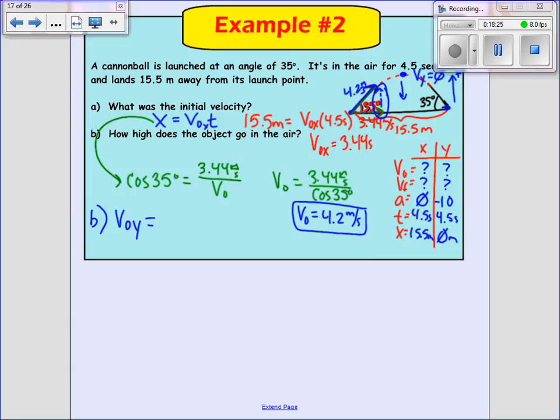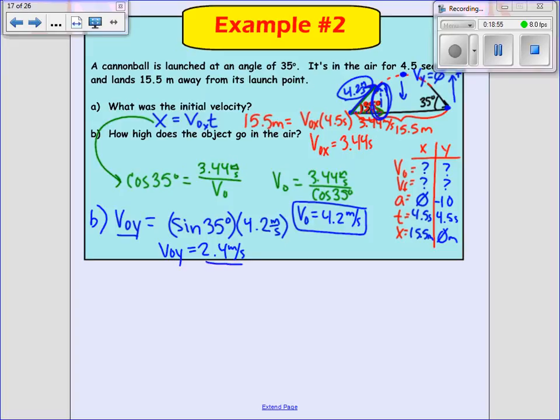I know the hypotenuse is 4.2, and this side right here is the opposite. So by doing sine of 35 degrees times the hypotenuse, which is 4.2 meters per second, I can figure out what my V initial in the y is. Sine of 35 degrees times 4.2 gets me an initial velocity in the y of approximately 2.4 meters per second.